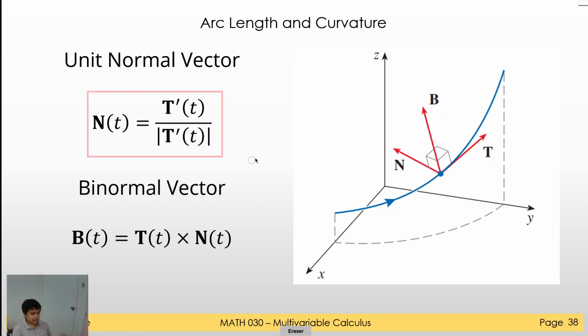The definition of a unit normal vector is that it will be perpendicular to your unit tangent vector. Your unit tangent vector has a similar formula to a tangent vector. This is equal to r prime of t over the length of r prime of t.